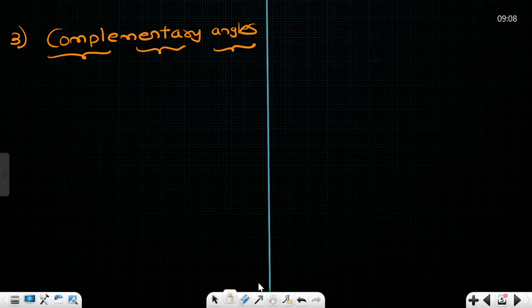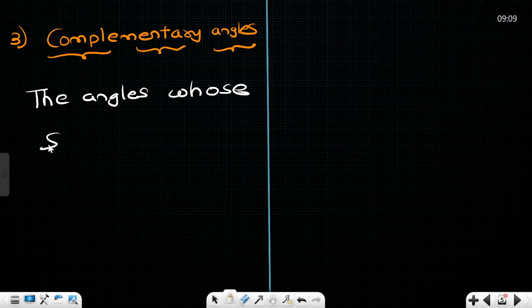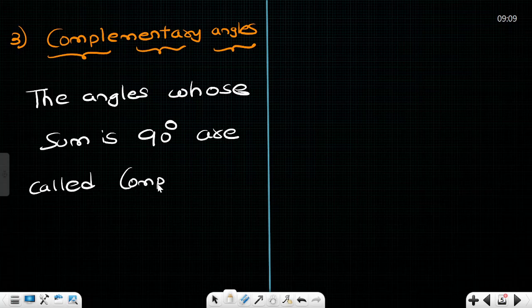Akshita, the definition I am writing: the angles whose sum is 90 degrees are called complementary angles. The angles whose sum is 90 degrees are called complementary angles.